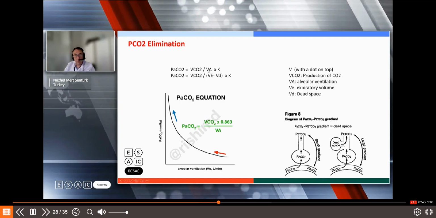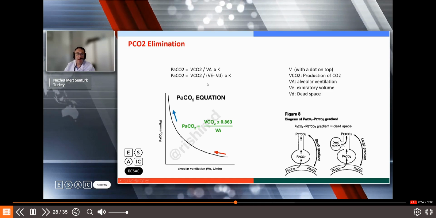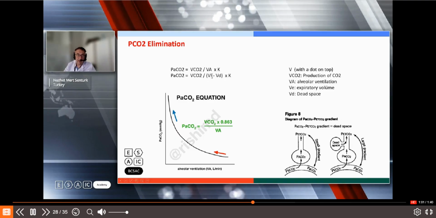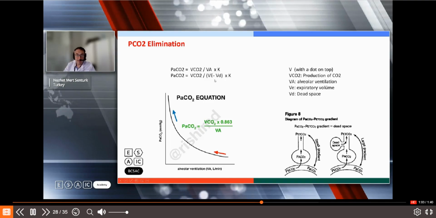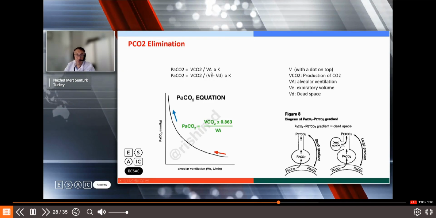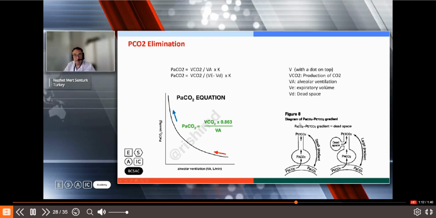And moreover, the alveolar ventilation is the subtraction of the expiratory volume that we see here also on the monitor, minus the dead space. So the higher the dead space, the lower the alveolar ventilation, which is very expected.